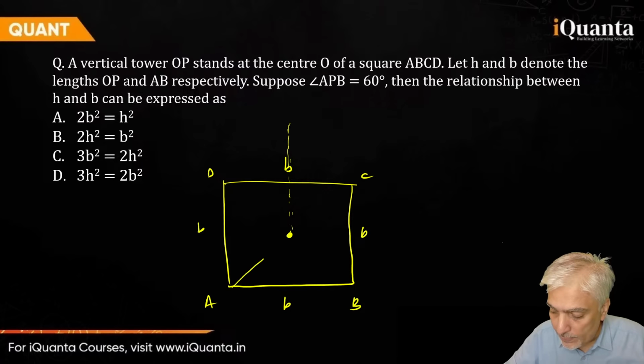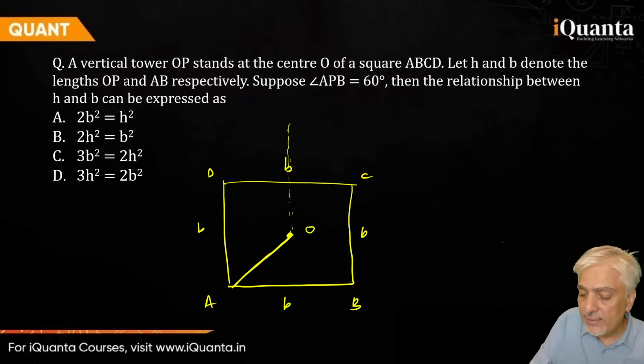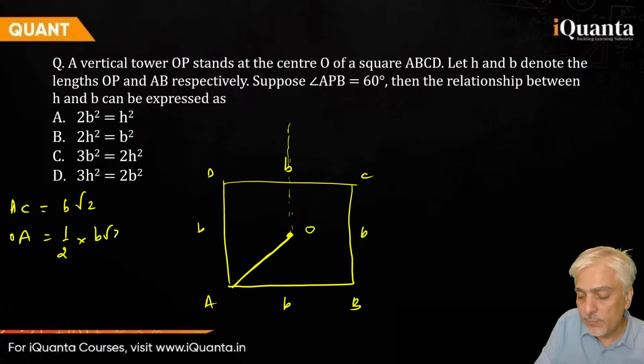Now, you need to get this part. How much is OA? AC is the diagonal, so AC will be side multiplied by root 2, B root 2. And OA will be half of that, so half of B root 2.